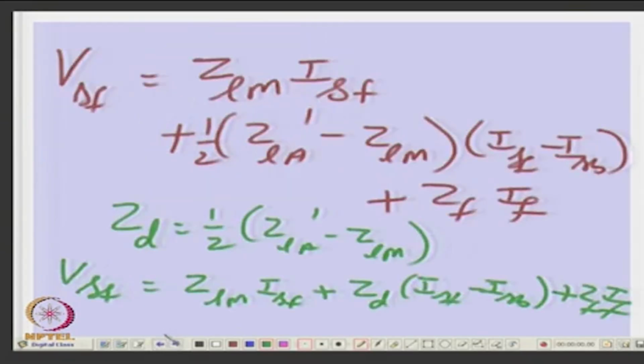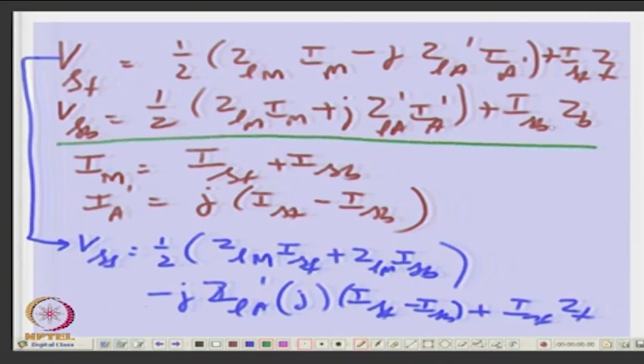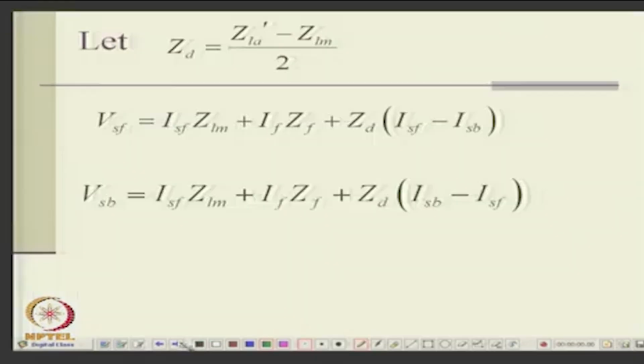if you want to go to what is VSB, we have a similar expression here backward. Okay.